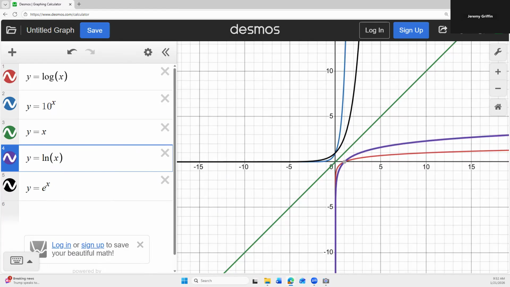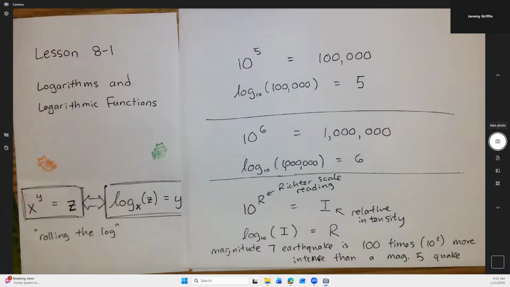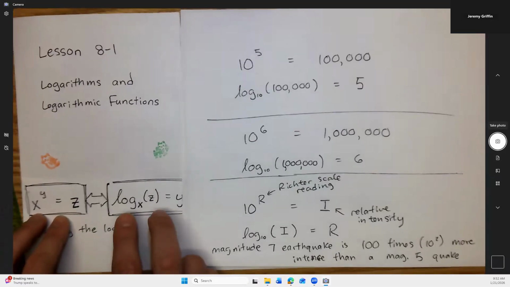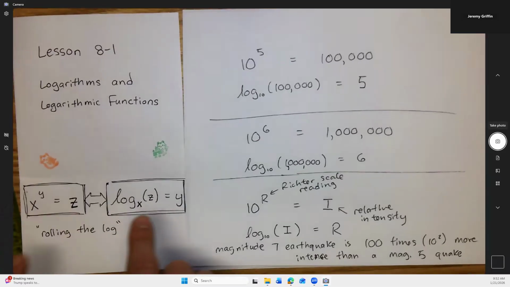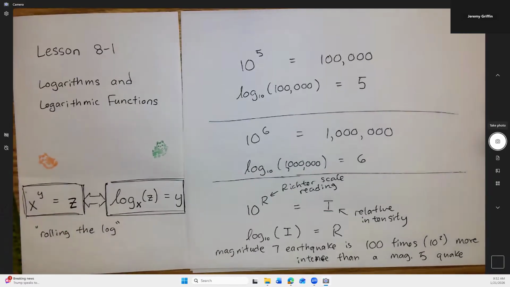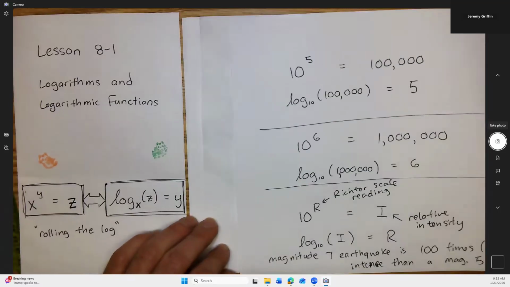Good. Okay. So we have the premise of logarithms. You're looking at the graphs, so you see the graphical relationships. You see that logs and exponents are inverses. And if you have an exponential equation, you can express it as a logarithm. And here are some examples of how to do it. Okay, you guys good so far? That's pretty much 8-1 in a nutshell. But I want to show you some other stuff you can do with logarithms.